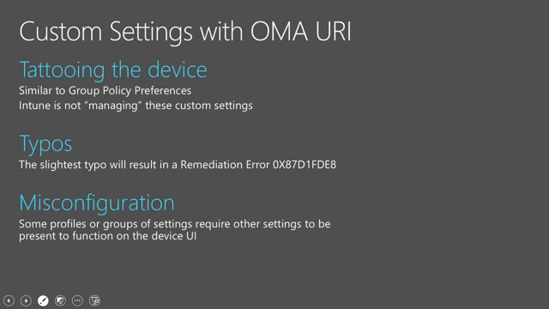The first problem is tattooing the device. This is something that we've been working on to make it a little less likely, but Intune has a lot of built-in logic on when to deploy policies, when not to deploy policies, what policies work and won't work. When you do things like custom URI settings, you're taking that into your own hands.